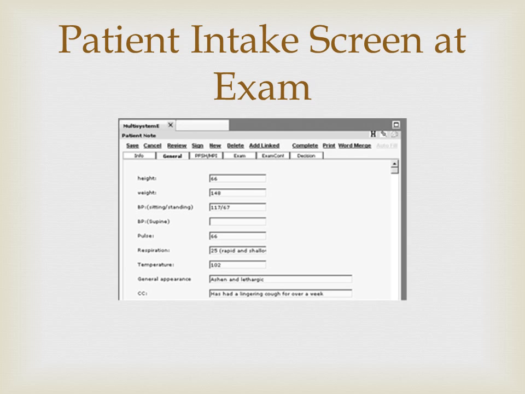An intake screen is usually the screen that has things like the patient's vital signs, height, weight, blood pressure, temperature, and the general appearance of the patient. Was the patient lethargic? Hot? Red? Itching? What was their skin like? Did they look dehydrated? That's what a patient intake screen looks like at the time of examination.